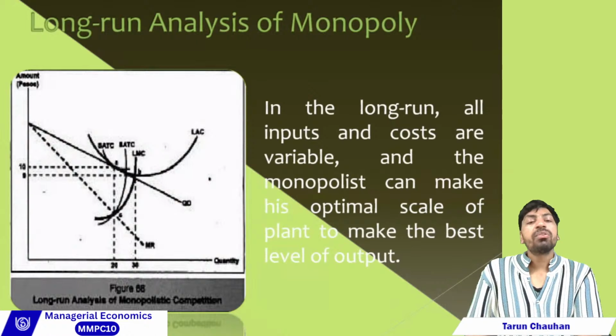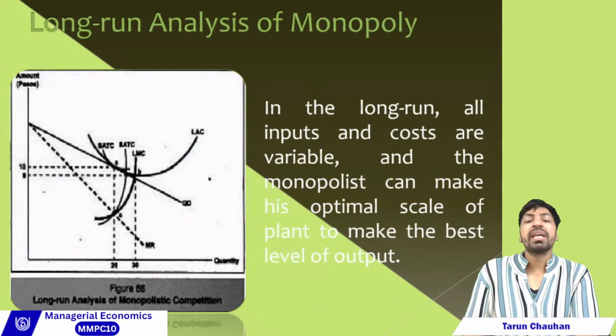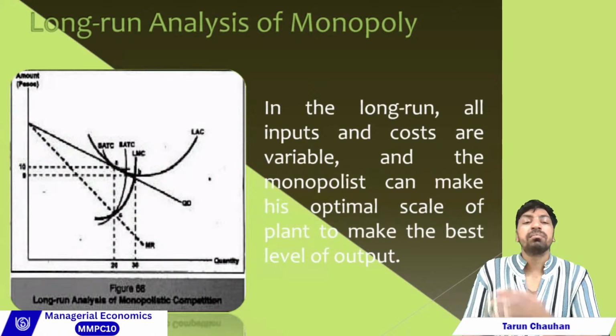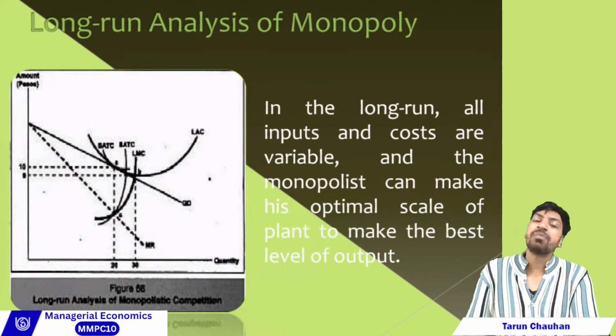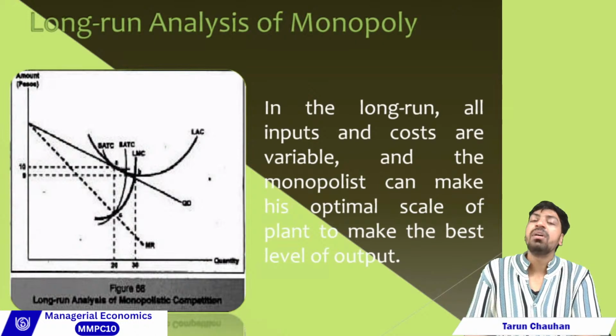Now we talk about the long run analysis of monopoly. If you check, the curve has already shifted from the original curve, that is OQM, to MR. But how? It's very simple. You have to draw the same curve.